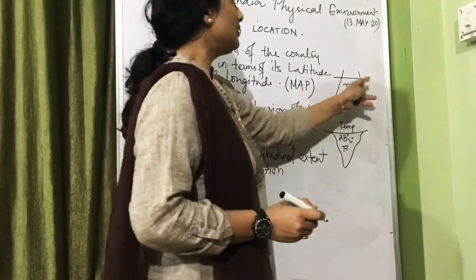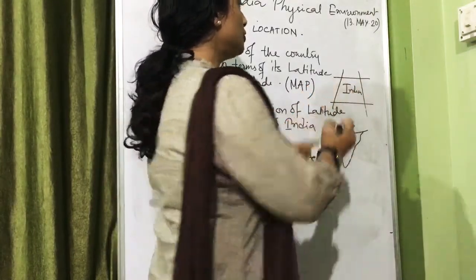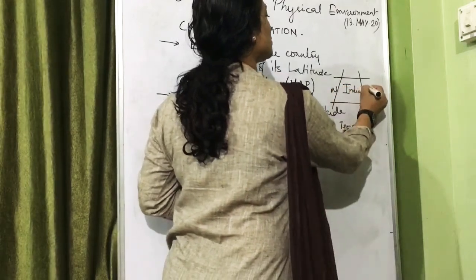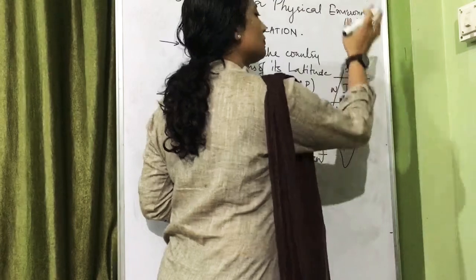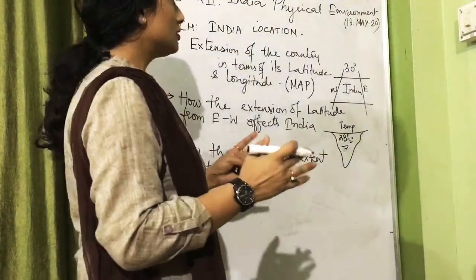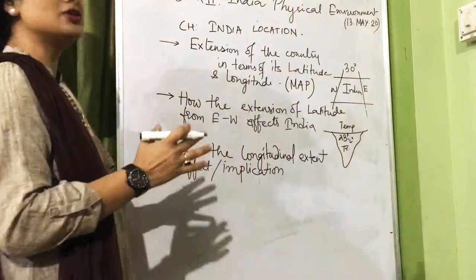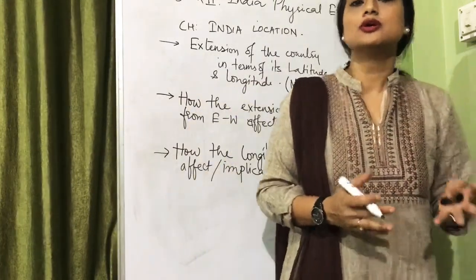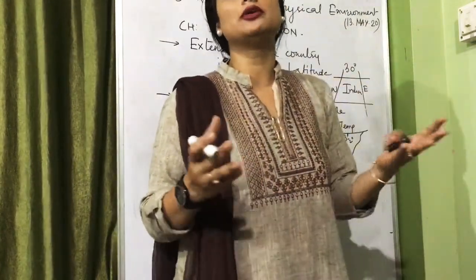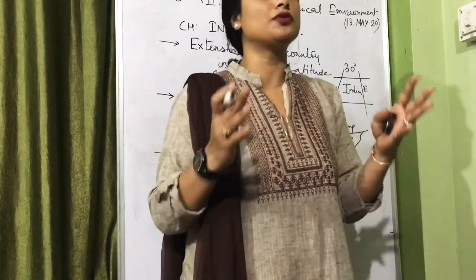You have seen that the longitudinal extent between west to east is nearly 30 degrees, from 67 to 97. So there is a nearly difference of 30 degrees of longitude, and we know that 1 degree of longitude is covered in 4 minutes. So 30 degrees of longitude will cover in 120 minutes. So there is a difference of 2 hours.